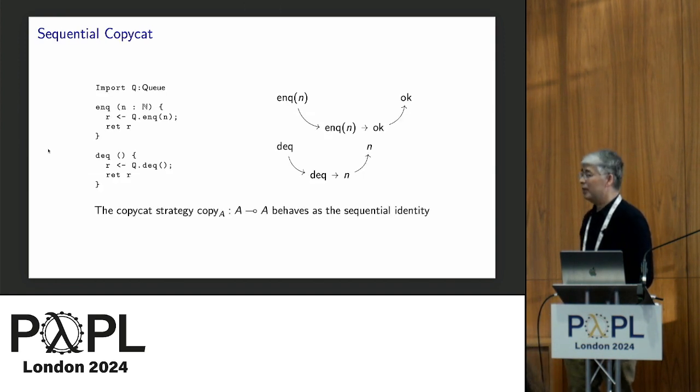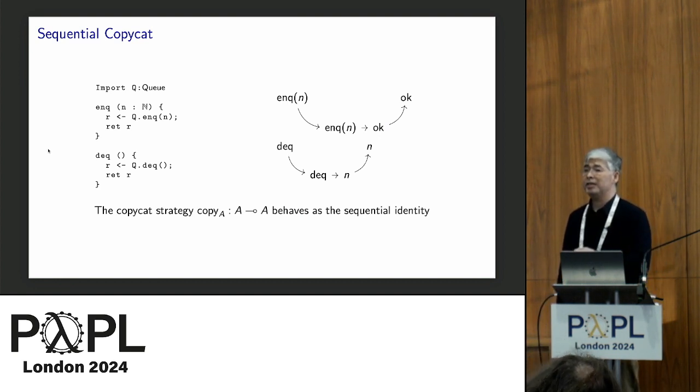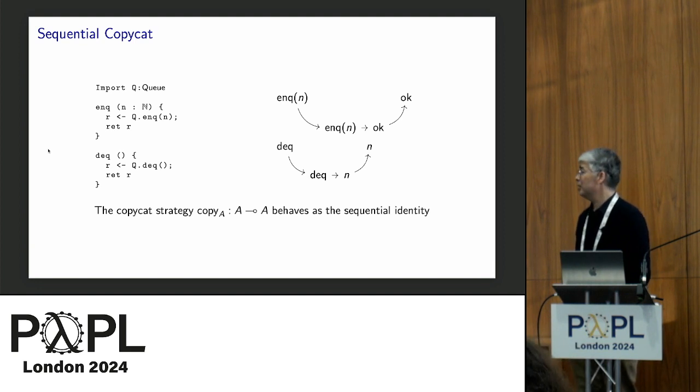So now let's look at identity strategies. It turns out linearizability is inherently tied to this notion of a copycat strategy. In the sequential game, everybody understands: sequential copycat is simply you make a call, then you call yourself, right?